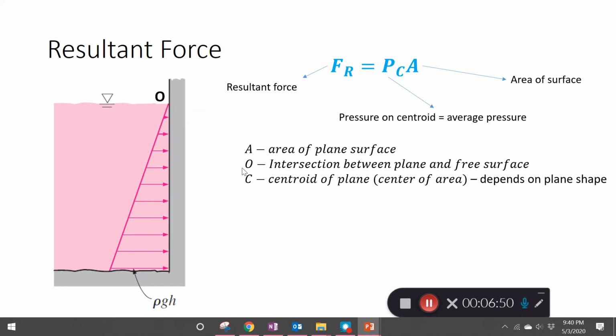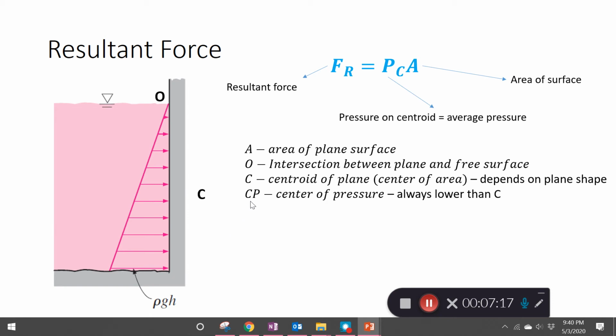Next, we have the centroid, or C. Remember here, C? The centroid of the plane, which is also the center of area, depends on the plane shape. So if this is a rectangular wall, then the center is at the center of the rectangle. So I'm just going to put the C here somewhere in between the top and the bottom to show that it's at the center.